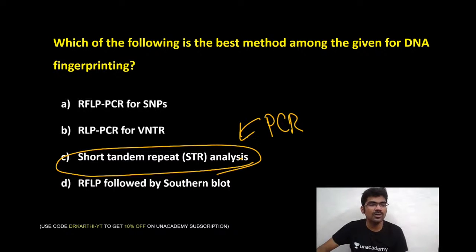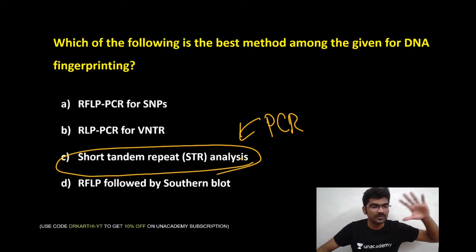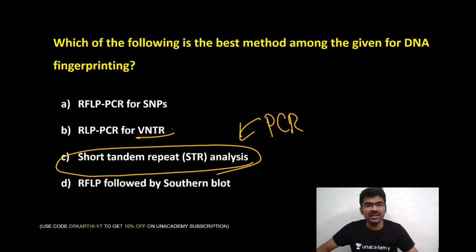Arsh, those days they were telling VNTR, so I think the book you are reading must be an old book. These days no one is using VNTR for DNA fingerprinting. For DNA fingerprinting we are using only STR.